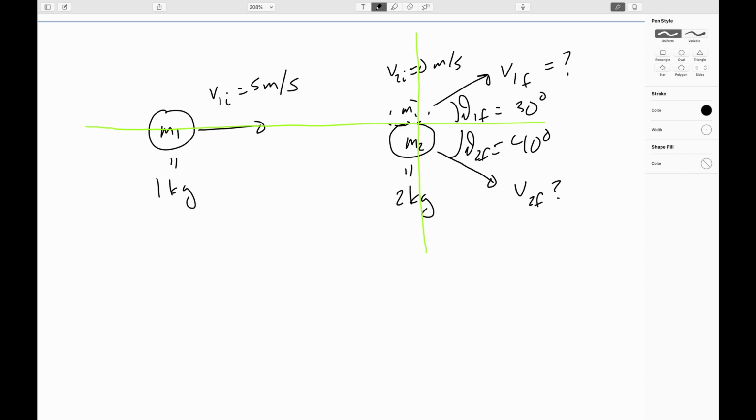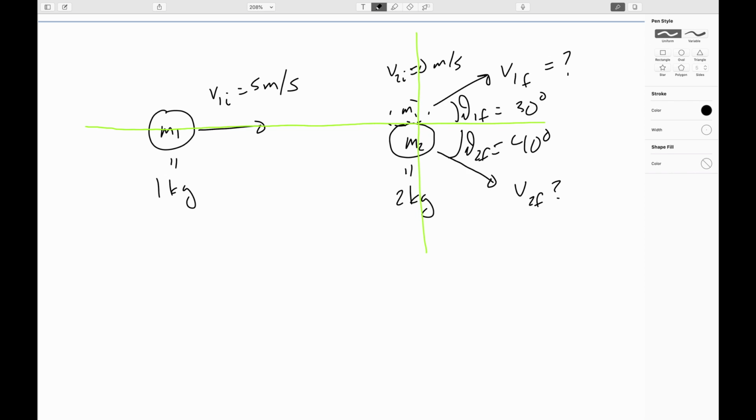So here I will make my system the two pucks or whatever that are sliding on the ice. Because it's ice, we'll just go ahead and make it frictionless so we don't have to worry about any force of friction. Again, there's gravity going into the screen, normal force going out of the screen, but they cancel.